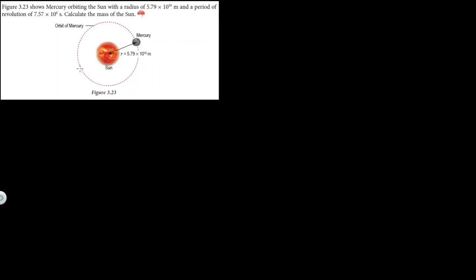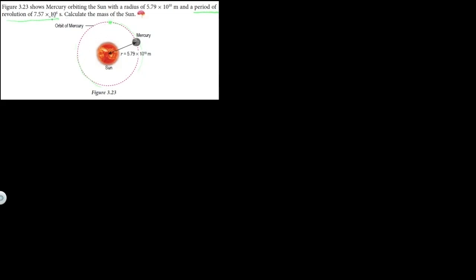In this question, they want us to find the mass of the object at the center, and we know that there is another object orbiting the Sun, given the radius together with the period of revolution, which means the time taken to completely move around this orbit and reach the same point again.